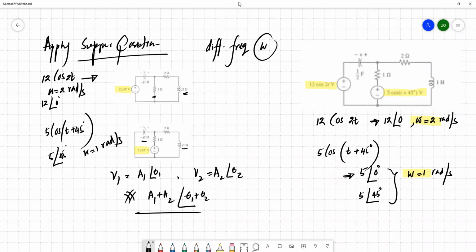If you come up with circuits where you have multiple sources with different frequencies, only then can you apply superposition, evaluate the values separately and sum them up at the end. I am referring to exercise 11. You can go through exercise 11 and see how we can do it.